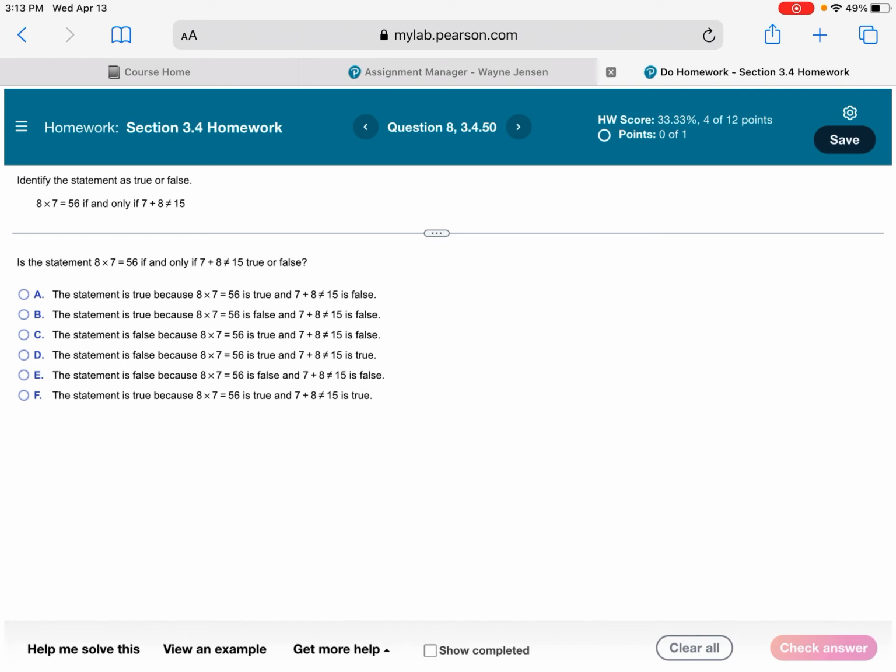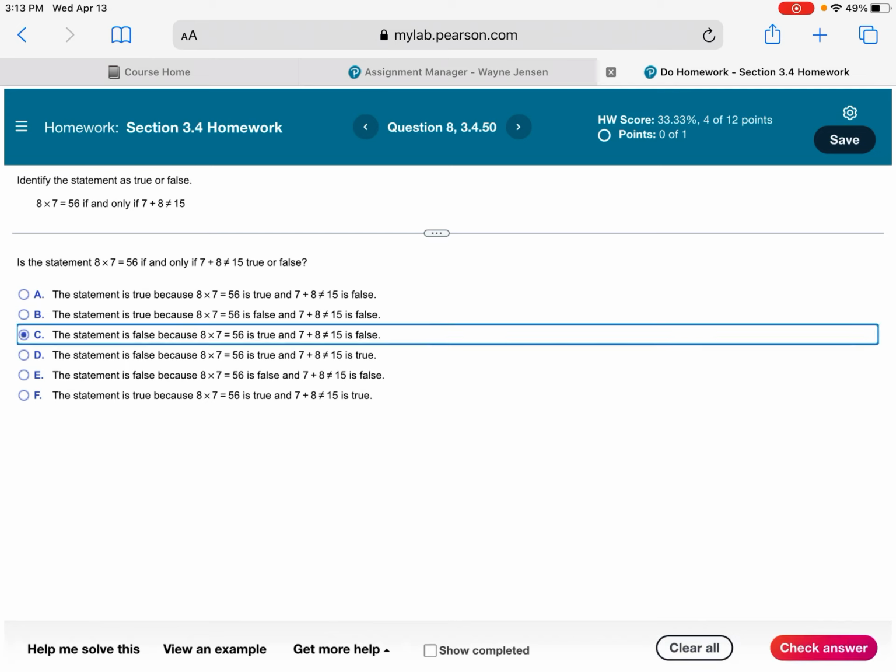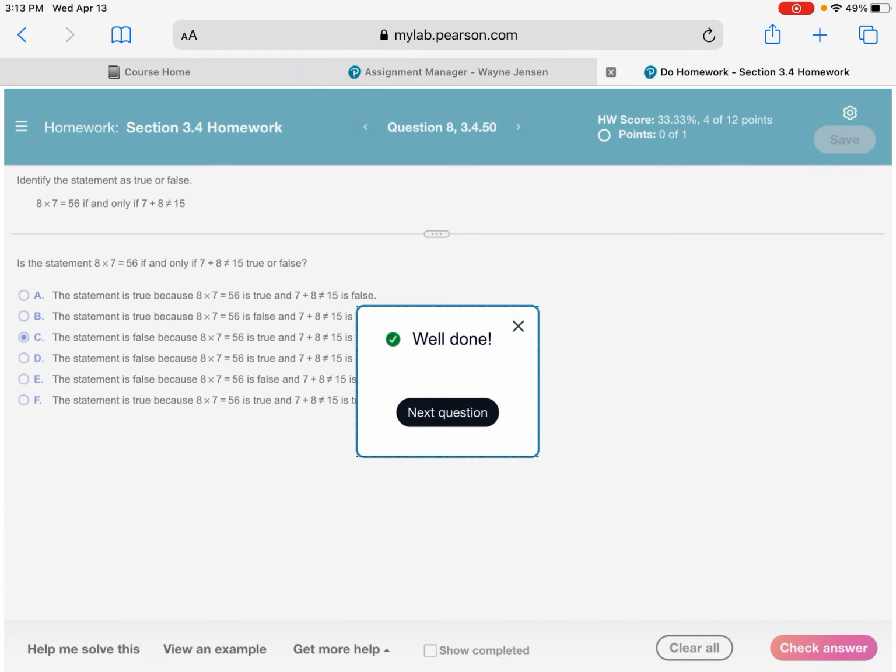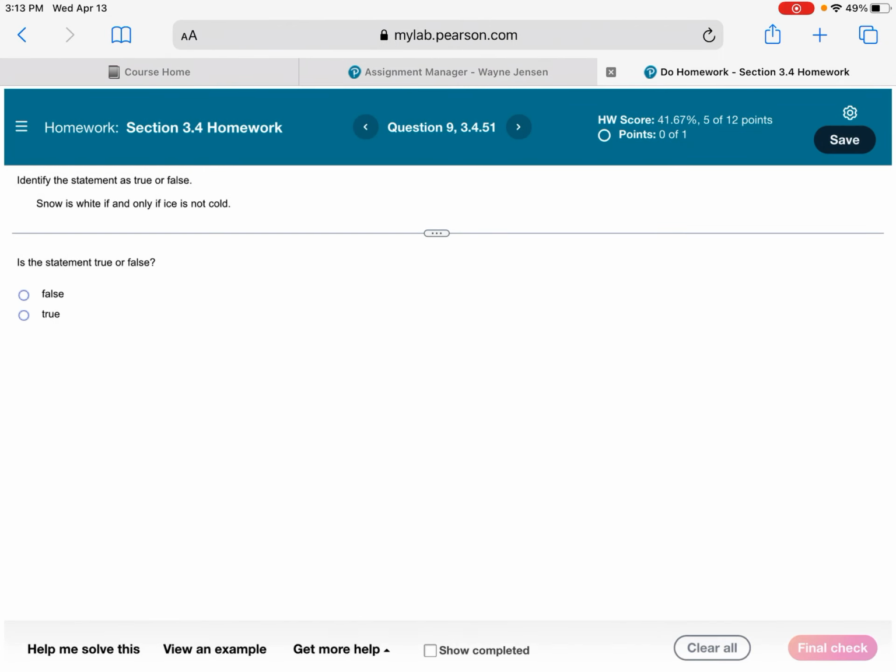So 8 times 7 is equal to 56 if and only if 7 plus 8 is not equal to 15. But 7 plus 8 is equal to 15, so we have a false statement in there. So this statement is going to be false, and it's because 7 plus 8 not being equal to 15 is false. And you're just going to be doing small work like that. So it's just getting familiar with this if and only if.